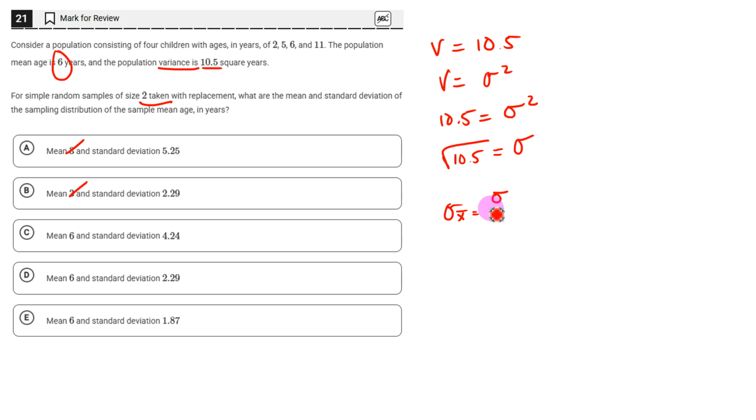It's the original standard deviation over the square root of the sample size. So the square root of 10.5 over the square root of 2. And offhand, I don't know what that is. And my website won't move. So God forbid, I'm going to have to use a calculator. So let's bring the calculator back up.